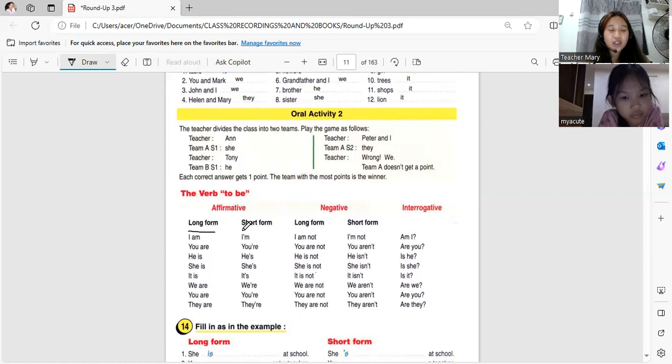And for the short form, okay, can you read this one up to here?